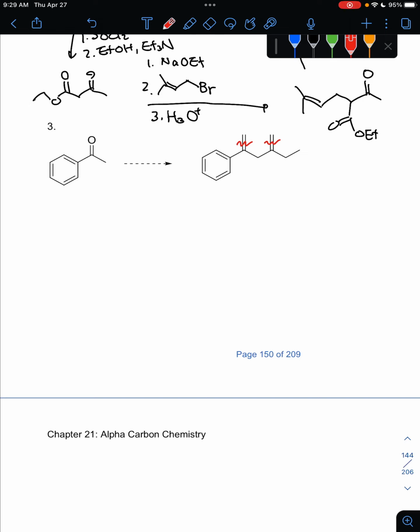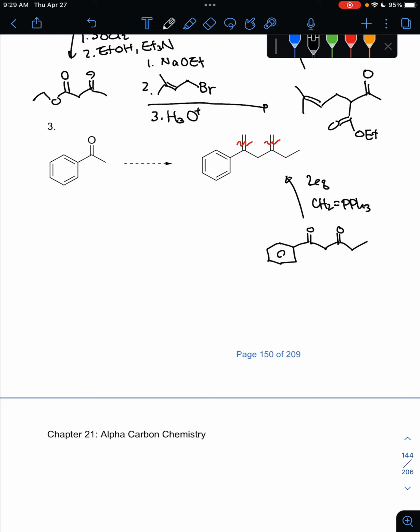Hopefully you're already thinking of the reaction you could use to make that olefin from carbonyl, and that, of course, would be Wittig. So if we use 2 equivalents of this methylene Wittig reagent, we should be able to make that target compound from this beta diketo compound. Or you could say 1,3-diketone.